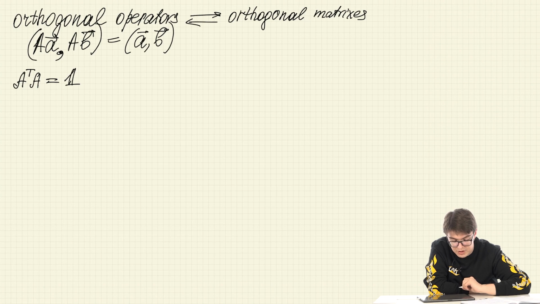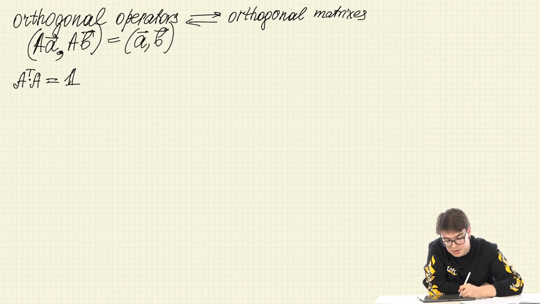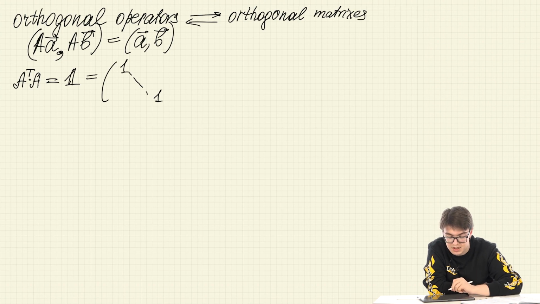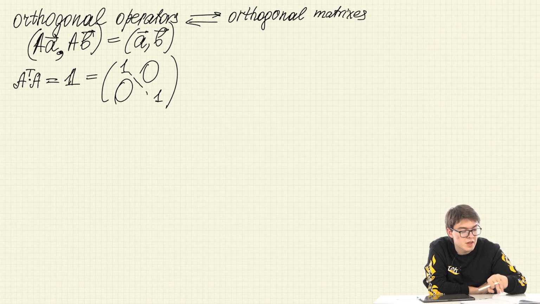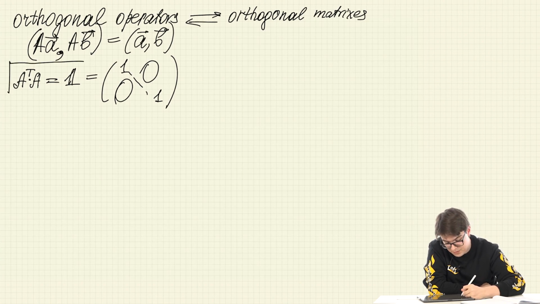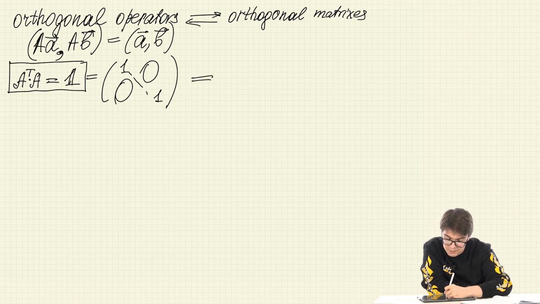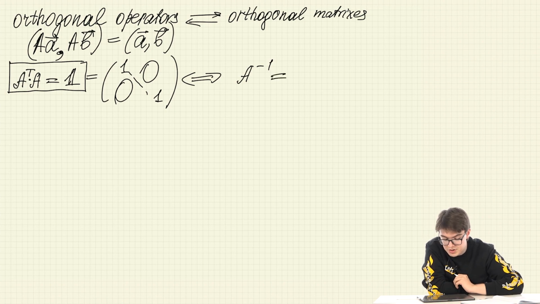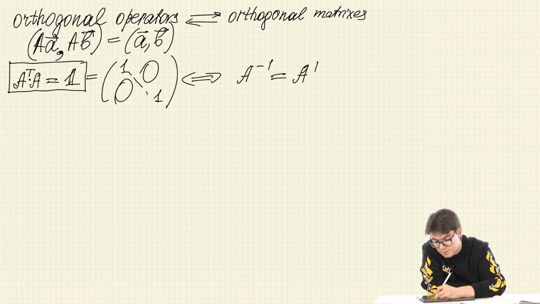The transposed matrix multiplied by the matrix itself gives the unity matrix, which is one standing in the main diagonal and 0 in all other places. Yeah, and it might also be shown that the inverted matrix is nothing but the transposed one for orthogonal operators.